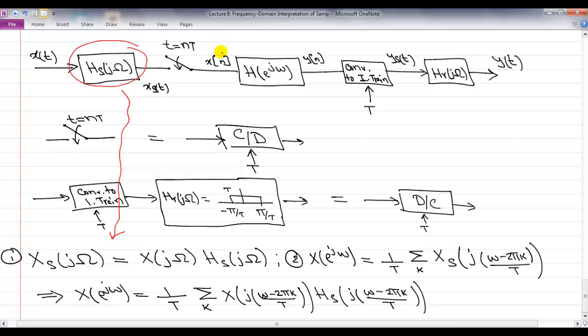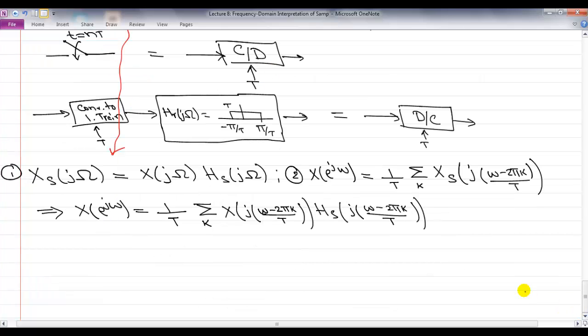So the next block is the relationship between the output of this discrete filter. Again, we know the output of this discrete filter in the Fourier domain is simply multiplication of the frequencies of the input times the frequency response of my filter. So the third block input-output relationship is y of e to the j omega equals x of e to the j omega times h of e to the j omega.